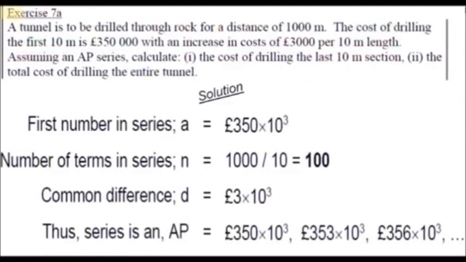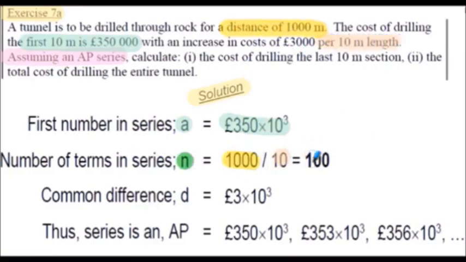So exercise 7a, commencement of the solution. So reading the question, we know we have an AP. So the first term in the series relates to the cost of drilling the first 10 meters. First number in the series, labelled A here, is £350,000. Note the number of terms in the series, lowercase n, is the total length of the tunnel, 1,000 meters, divided by 10, because the costs are per 10 meter length.